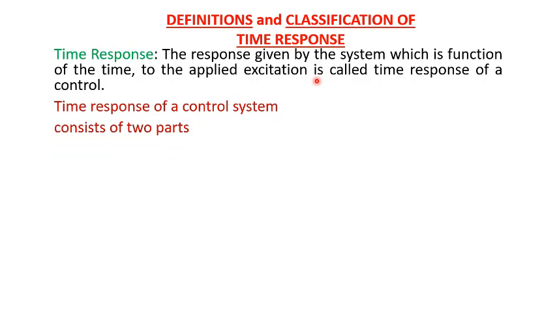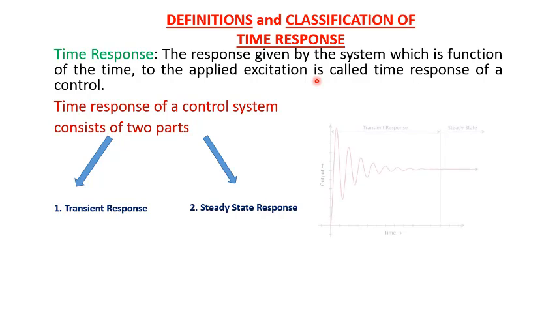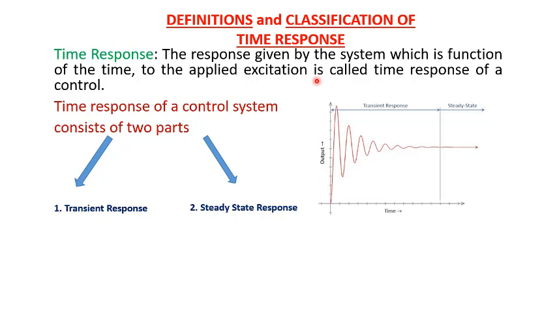The time response of a control system can be classified into two parts. One is the transient response. The second one is the steady state response. So when we observe a curve here, we see the response given for the given input.